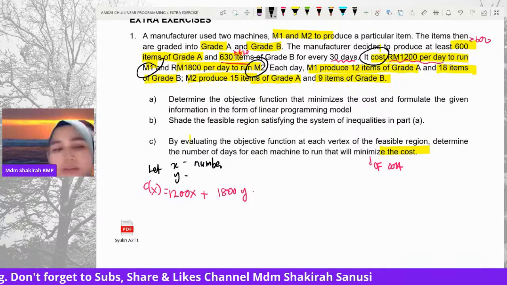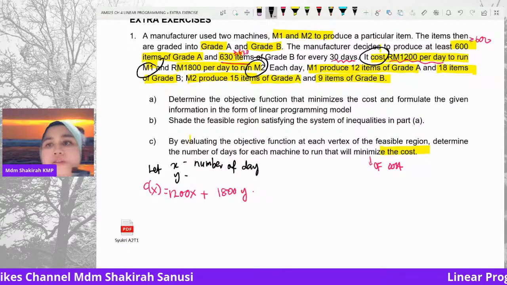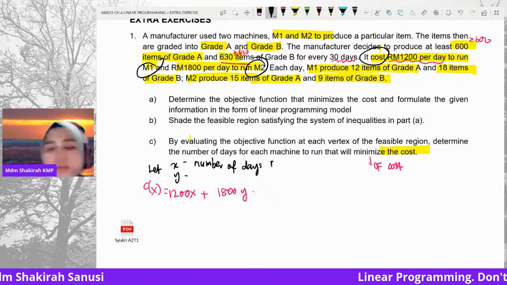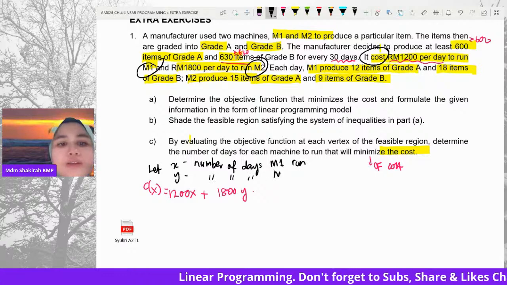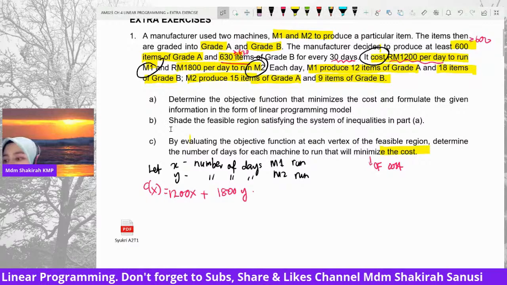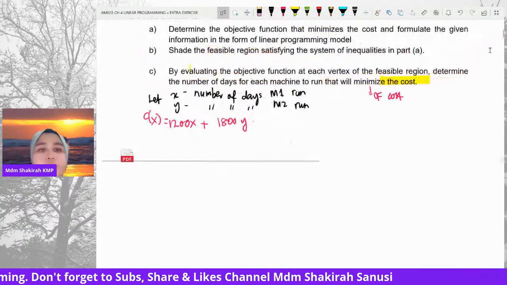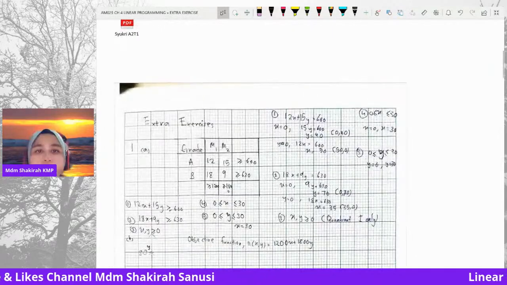Dia adalah number of days M1 run, number of days M2 run. Okay. So here, tengok apa yang kawan awak buat.